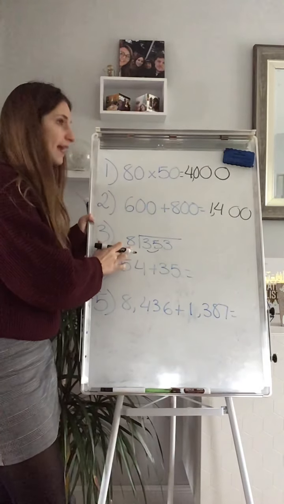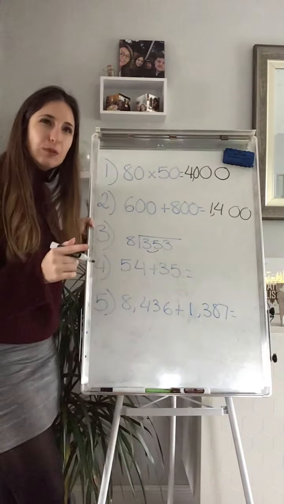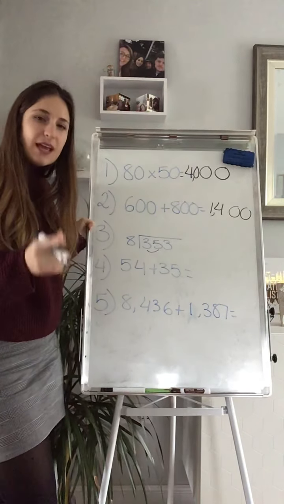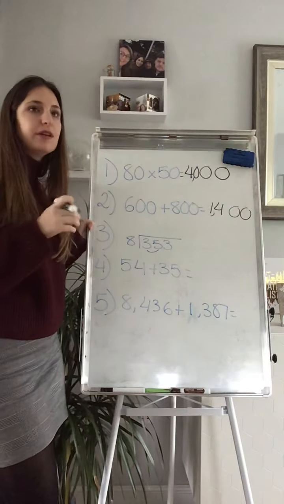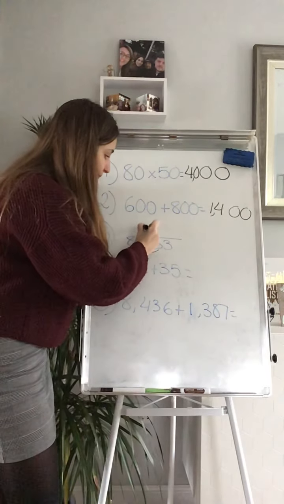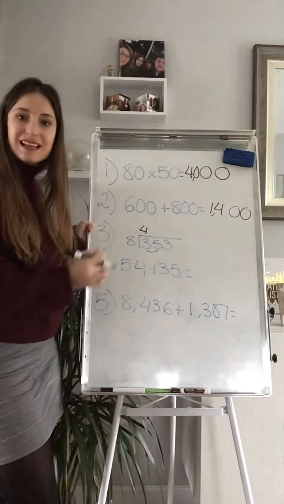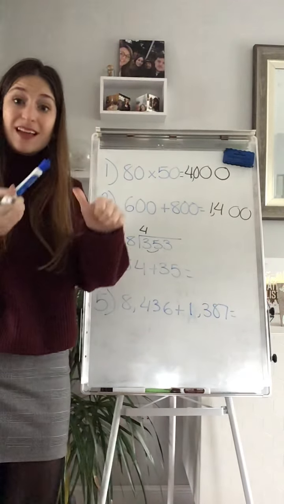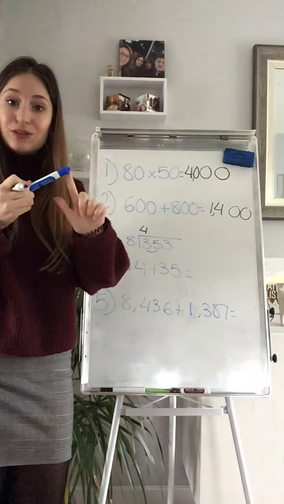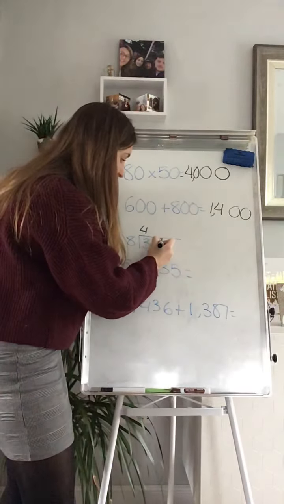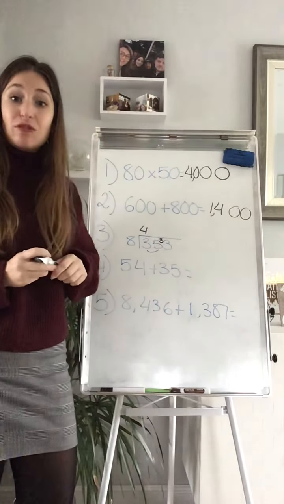35 divided by 8. On my 8 timetable, the number that is closest to 35 and does not go over 35 is 32. So I need 4 times 8, which is 32, but I need to get to 35. Let's do it: 33, 34, 35. So I have a remainder of 3, okay?